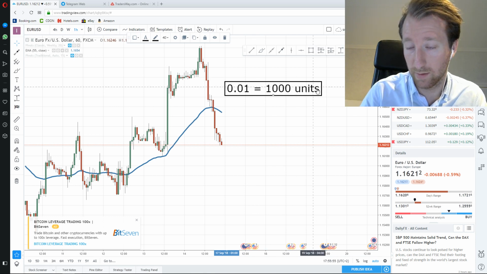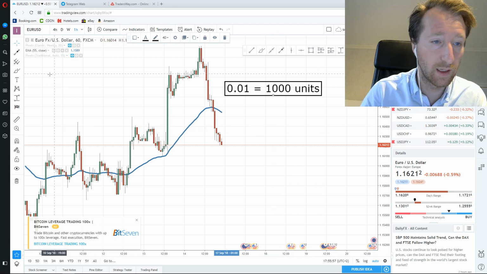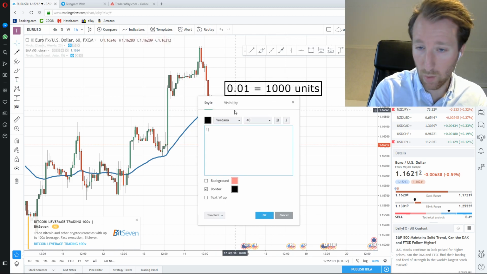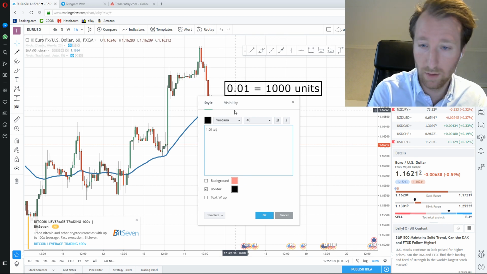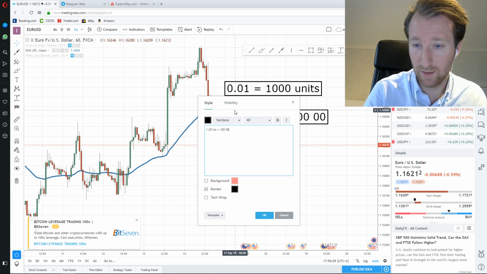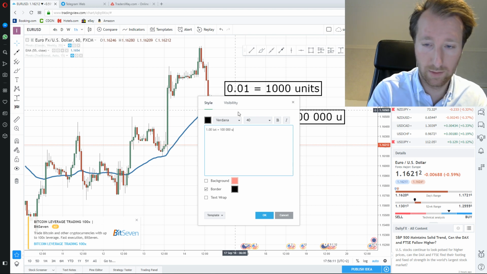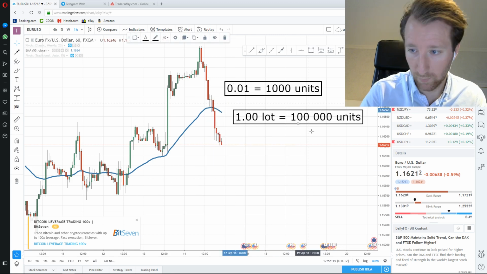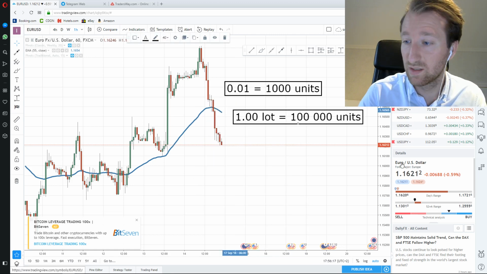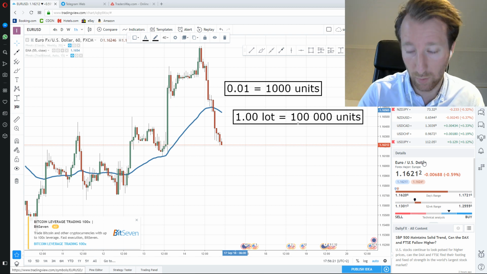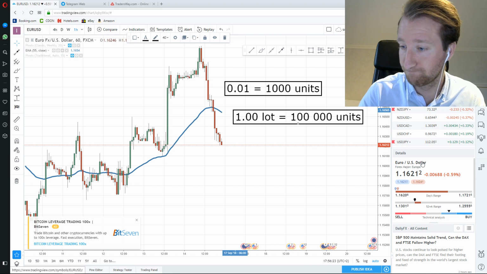And with one lot, that's times 100, so that's 100,000 units. Again, if you buy EURUSD, you buy 100,000 units of euro and sell 100,000 units of the American dollars.